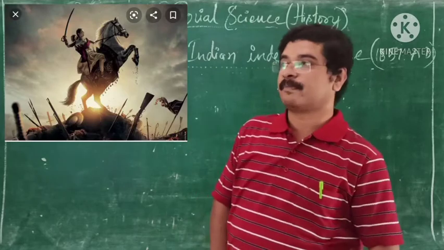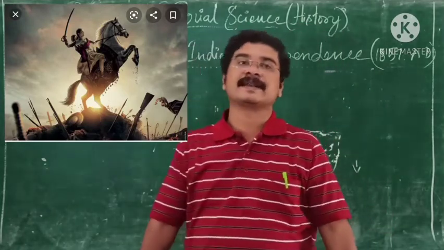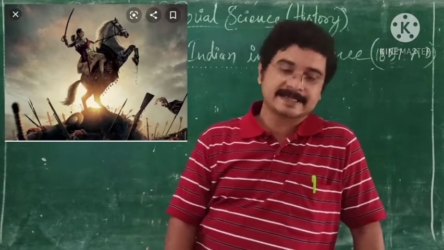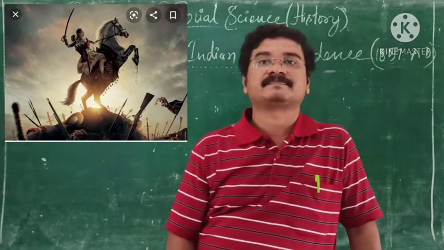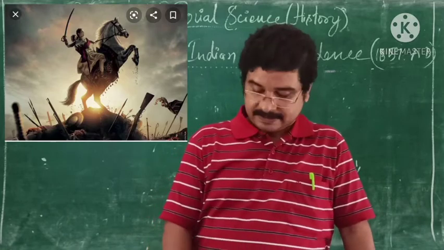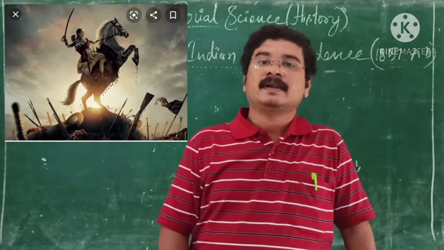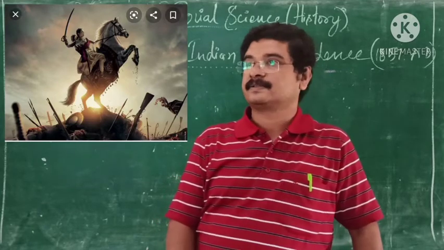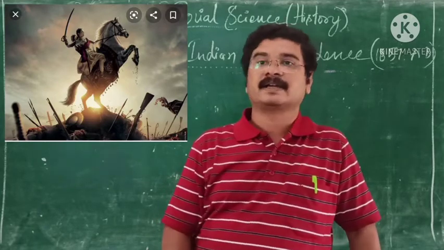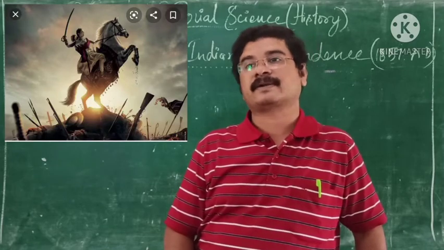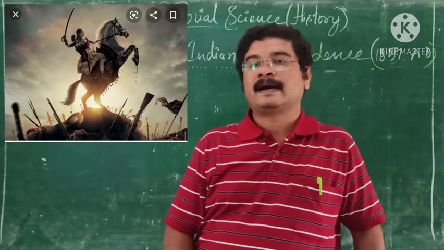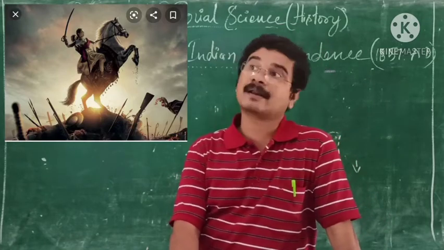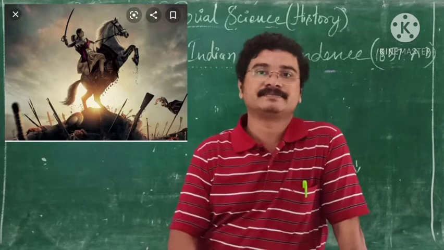Jhansi Rani Lakshmi Bai, who was enraged by the doctrine of lapse, declared war against the British. She tied her adopted son to her back and fought in the war. She took Gwalior under her control.